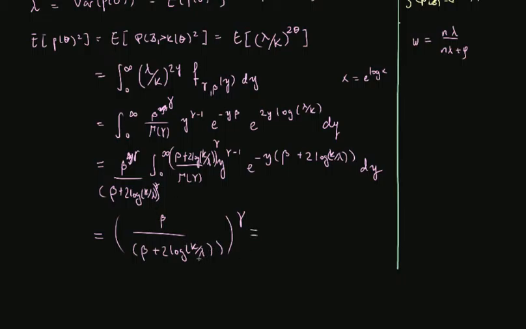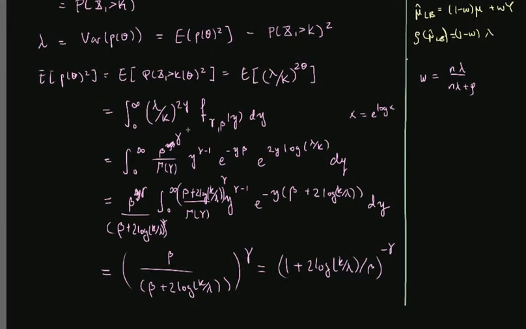If I divide through it all by beta, then what I end up with is 1 plus 2 log k divided by lambda over beta, all of this to the minus gamma. And that is very nice because then I also have an expression for the second moment of p of theta. So let me just write this here.